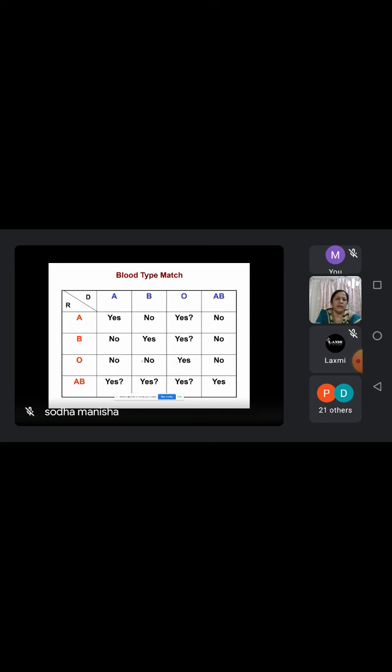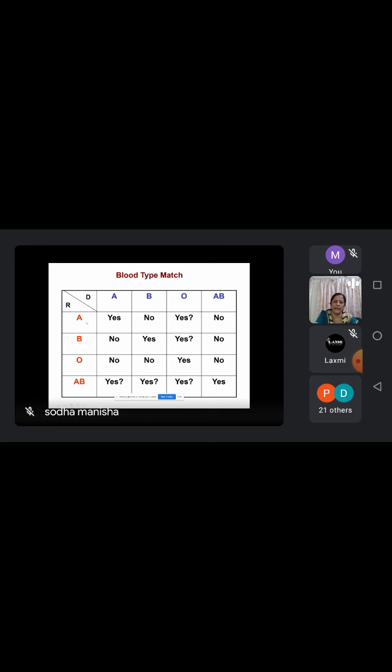So a person with blood group A will match with blood group A, but it cannot donate blood to B. A person with blood group A can be donor to A and AB blood groups.